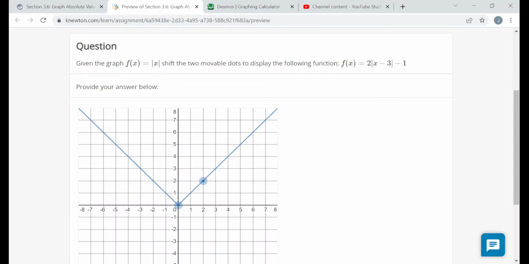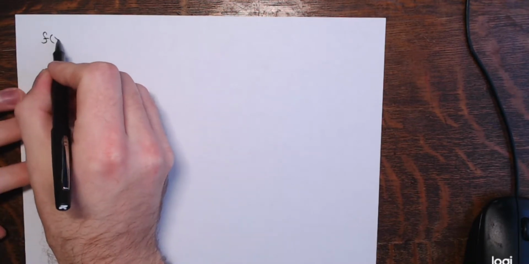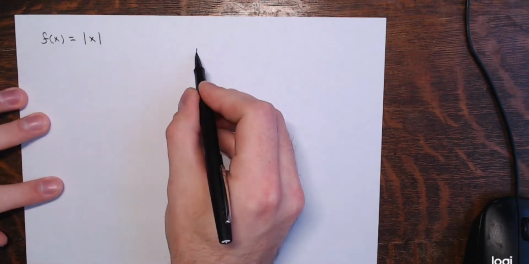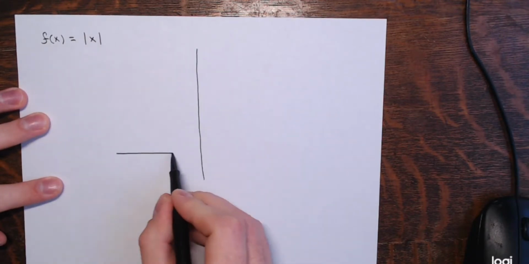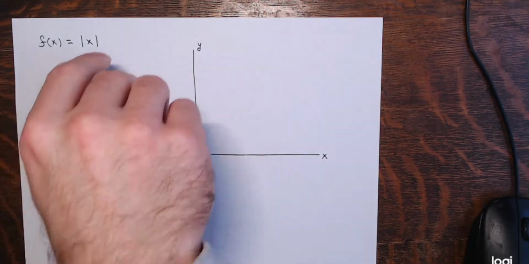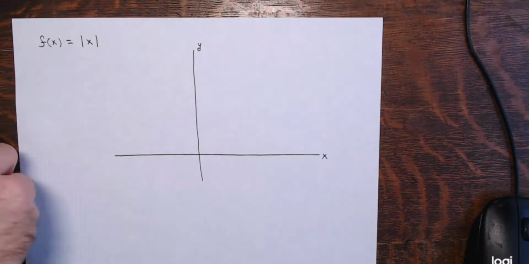Alright, so let me write this out. We'll do this by hand first. We're starting with f of x equals the absolute value of x. And I'll graph that here by hand, in an orangish color.